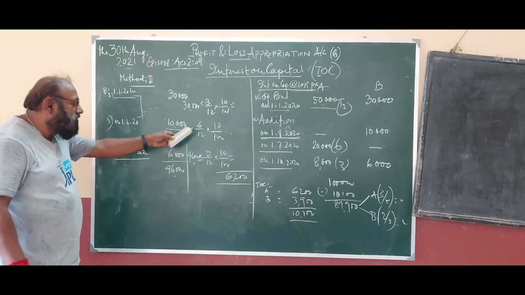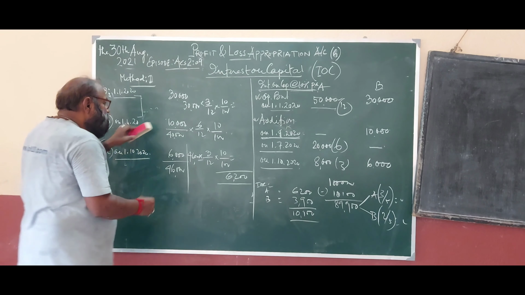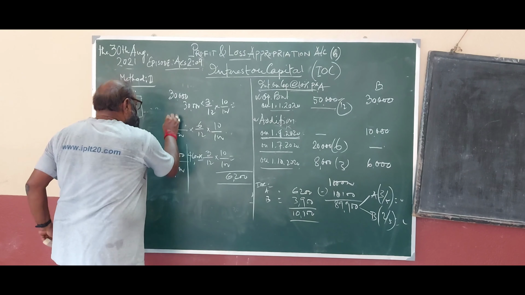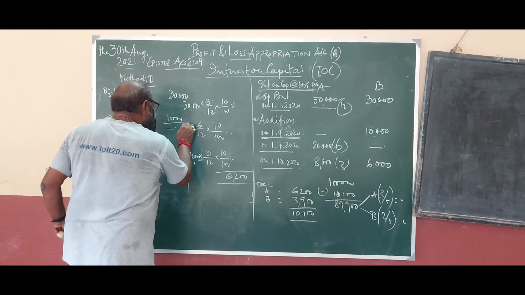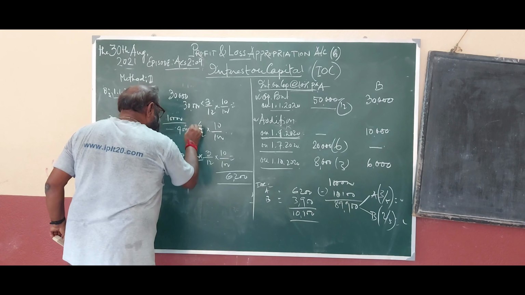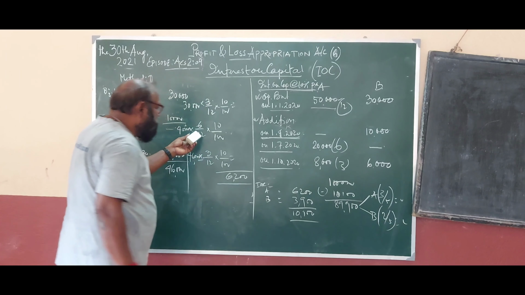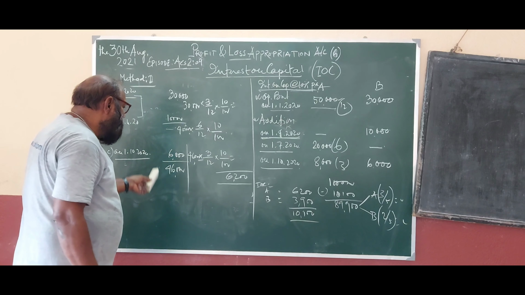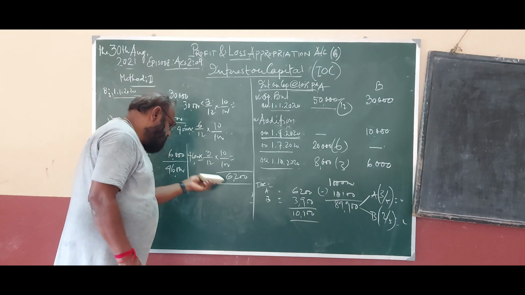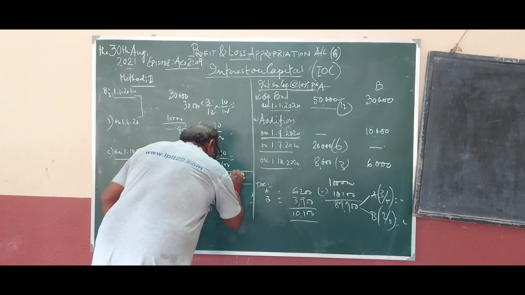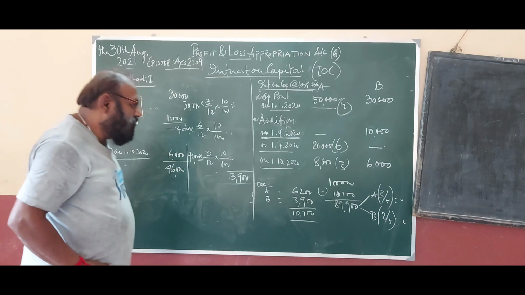On 40,000, we have charged interest at the rate of 10% for 6 months, and on 46,000 we have charged interest for another 3 months. The total interest will be 3,900 as we have calculated over here.